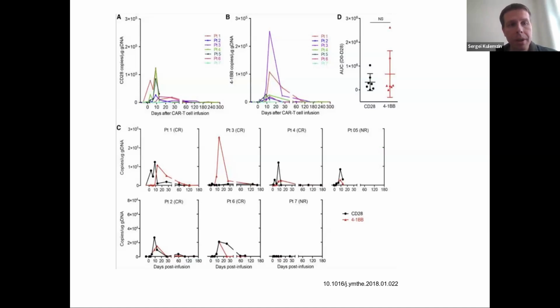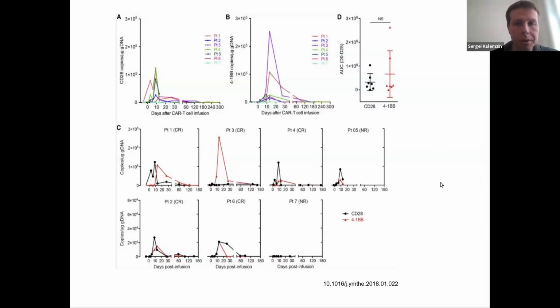And I think that such a layout of comparison of CAR T cell therapy could be really beneficial for us, because with such a design we can compare efficacy and persistence of CAR T cell therapy on a small number of patients.